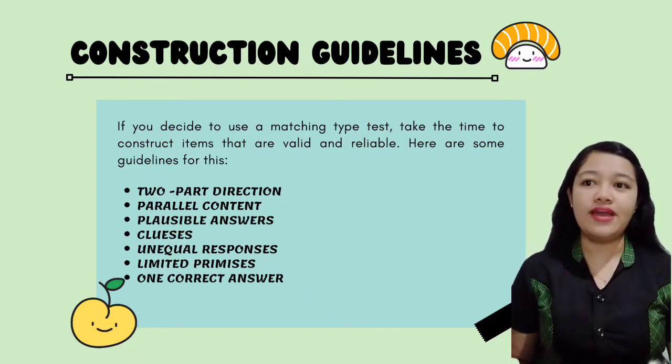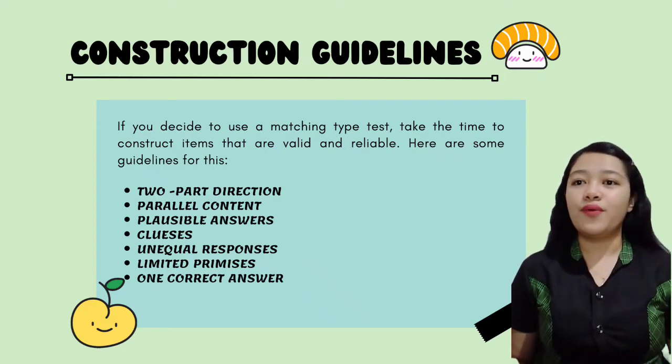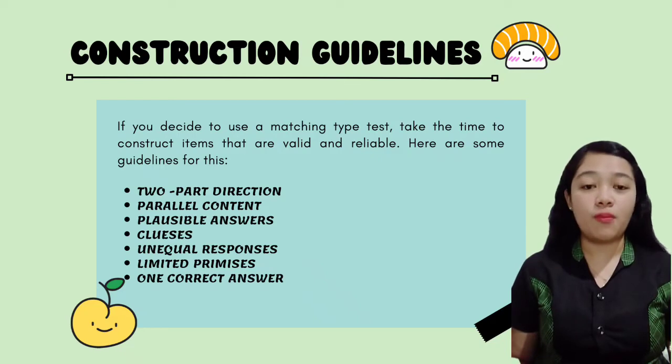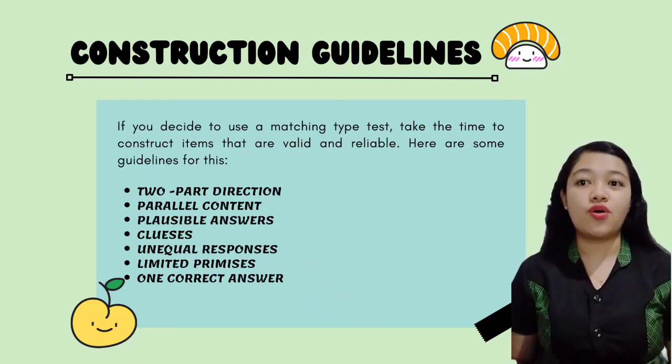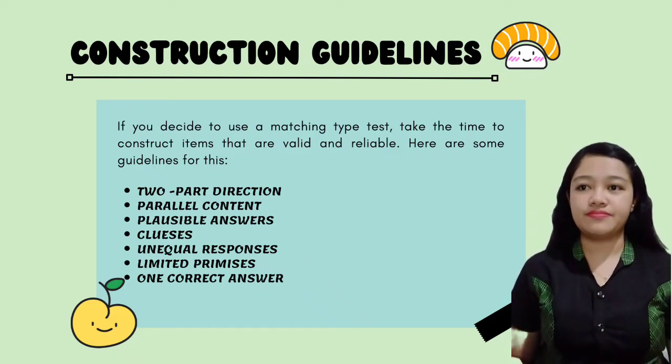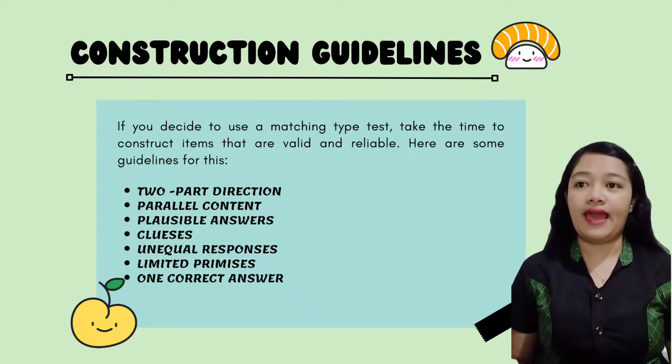And then the second one, we have parallel content. Within one matching test item, use a common approach, such as all terms and definitions or all principles and the scenarios to which they apply. And number three, we have plausible answers.